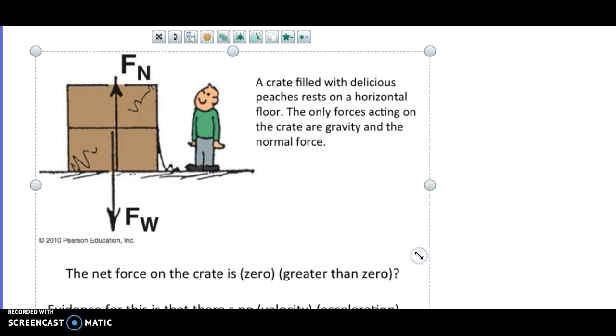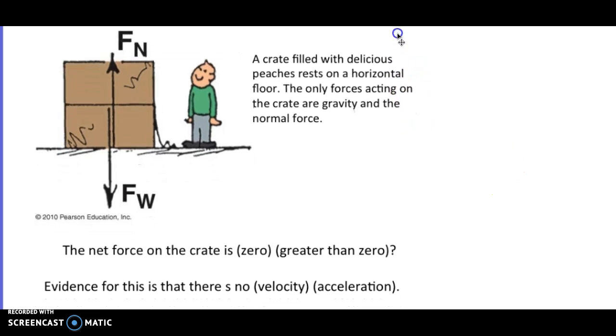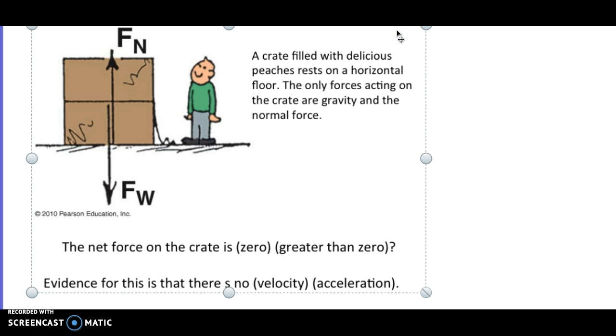We kind of know all that, but we need to look at it again in a little more detail. Say you have a crate, it says peaches, a big old crate full of peaches, and it's sitting on the floor. If it's sitting there, there are two forces acting on it. One is weight, gravity, pulling it down against the floor, and there's also a force pushing up on it. That's the normal force, or the support force we talk about.